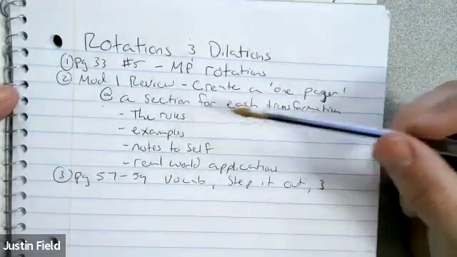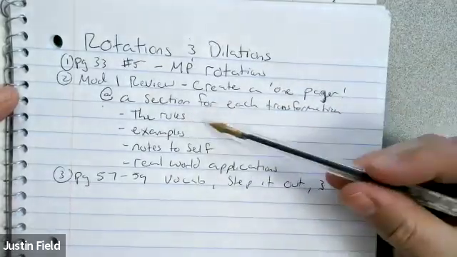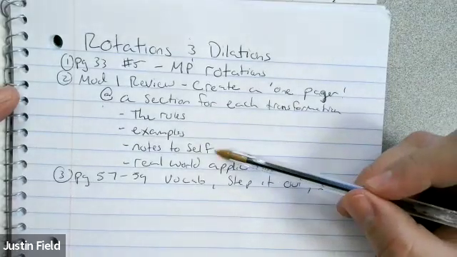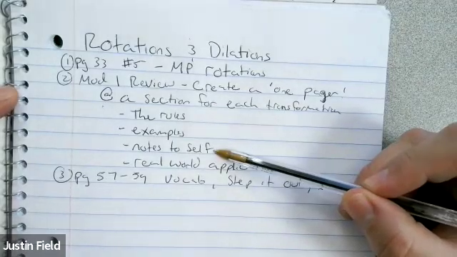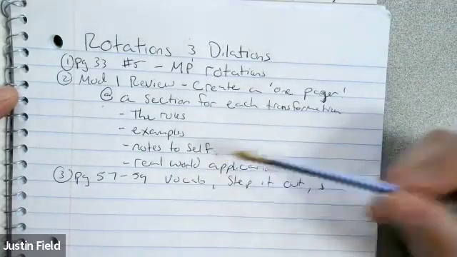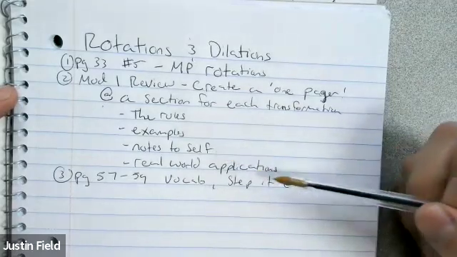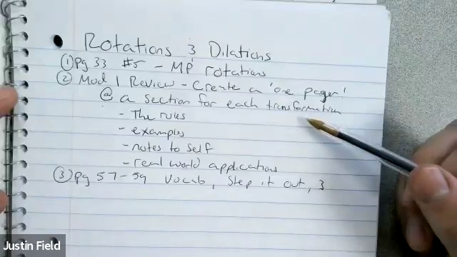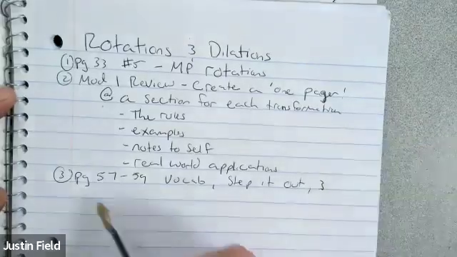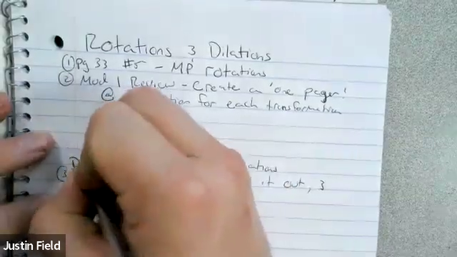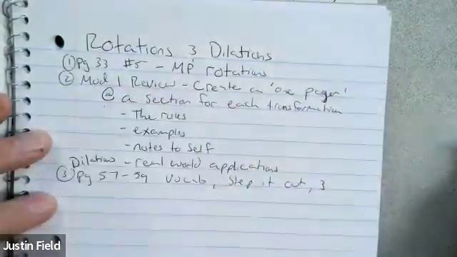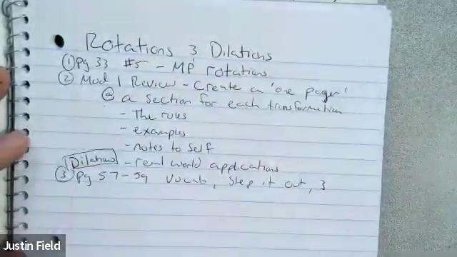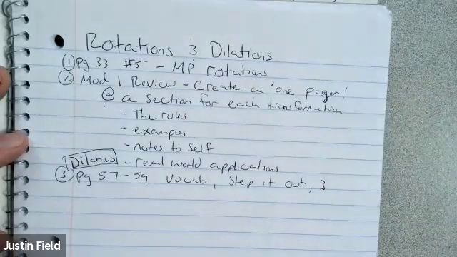You should have a section for each transformation, the rules for each one, an example of each, any notes that you need to remember based on what you've practiced and what you got right, what you got wrong, and then real world applications for each transformation so you understand why they're useful. And then we're going to look at dilations for the second part of the video and all about how you can perform dilations.